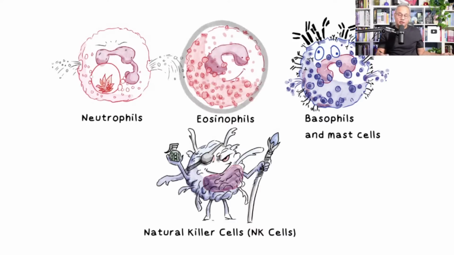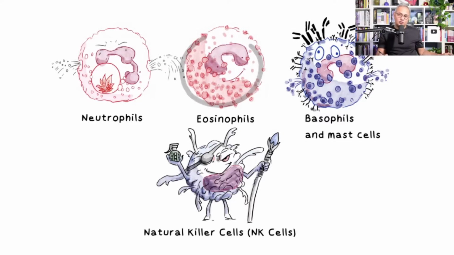Then there are the eosinophils. Eosinophils are usually red in color. We'll discuss later, but just know eosinophils appear red. That is why they're called eosinophils. Basophils and mast cells appear blue. That is why they're called basophils, or basophilic system.